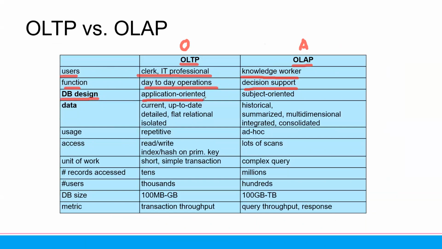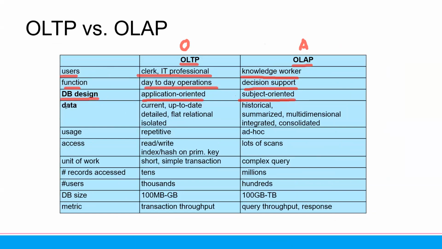It should be applicable to real world transactions. But the OLAP is more subject oriented. You want to analyze only the customers, then you will create the customer table, and you will create the customer attributes according to your needs.